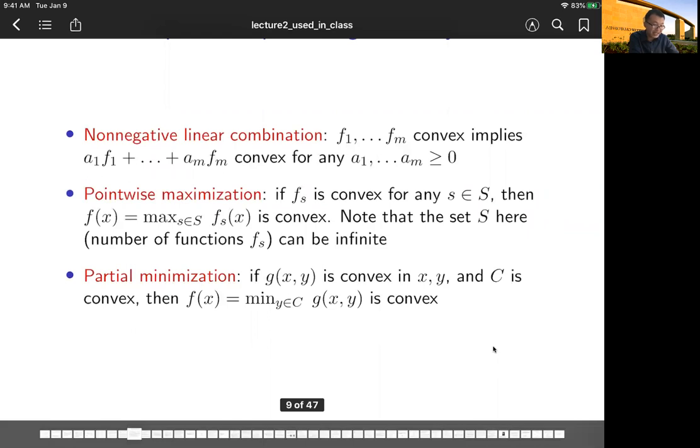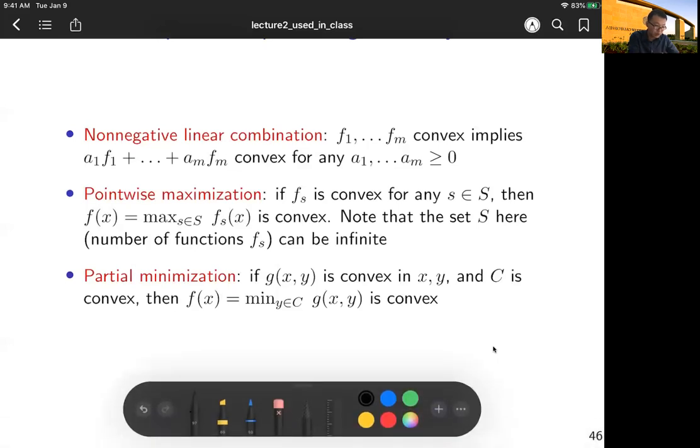If you take any non-negative linear combination of these functions, then that remains convex. Point-wise maximization: if each individual function f_s of x is convex, then the point-wise maximization remains convex.